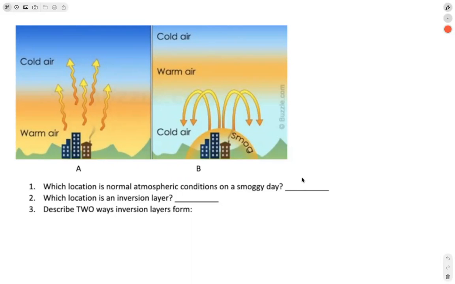A. Yes. And then which one is an inversion layer? B. Because remember, normal conditions are the air is warmer towards the ground and gets cooler as we go up through our troposphere. When it's inverted, we have this pocket of warm air trapping cool air down towards the ground. And then you can describe the two ways inversion layers form from the doodle notes.